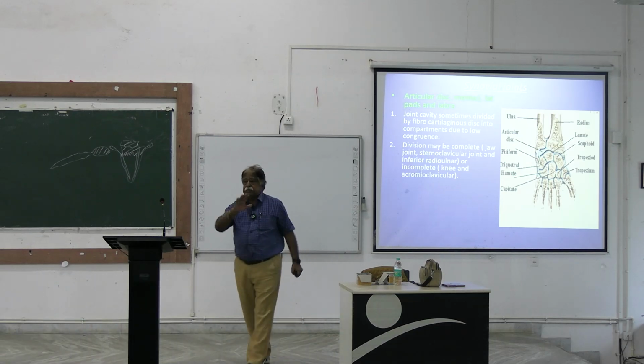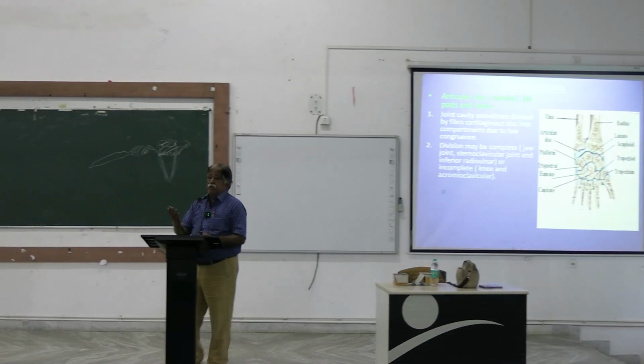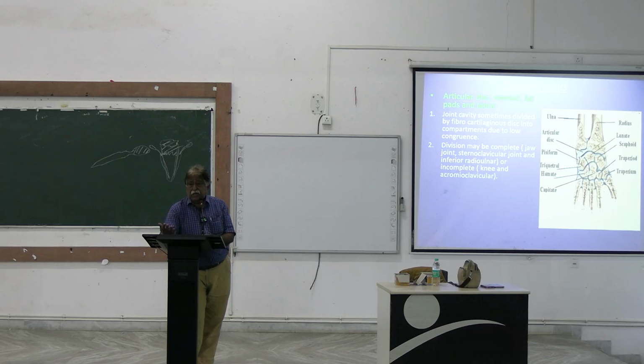You see the articulated hand and also the articulated foot. You have to know the bone names also, at minimum the names, and some important joints, like the wrist joint. What are the bones involved?